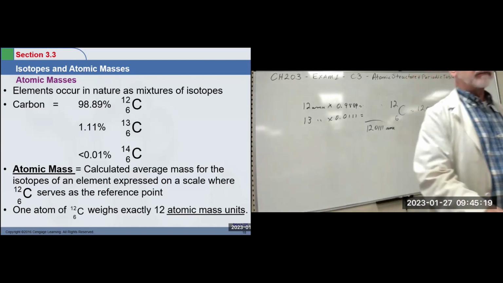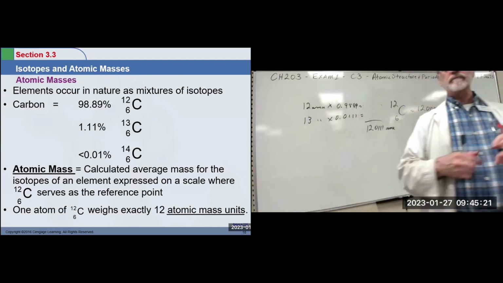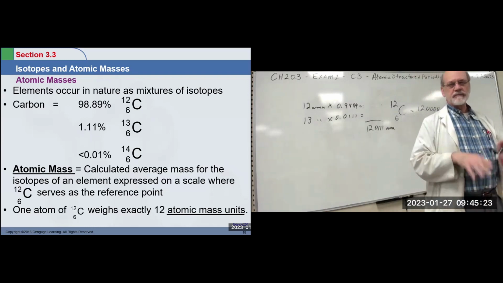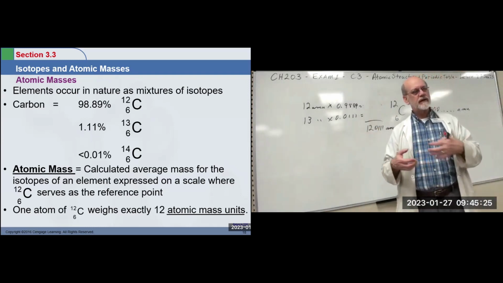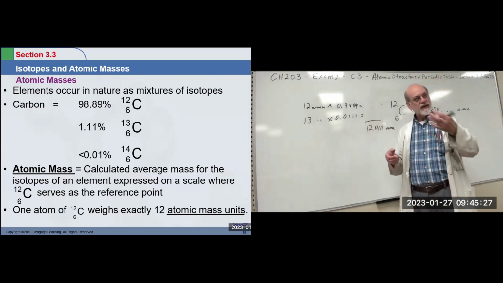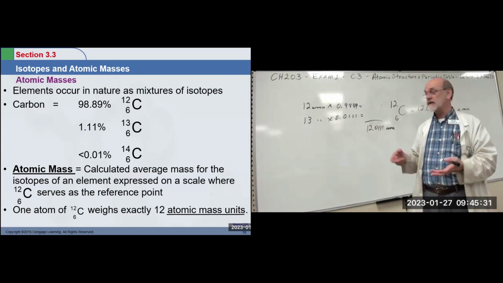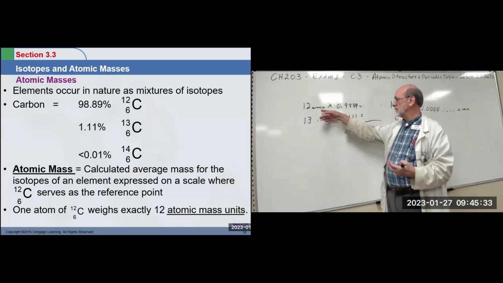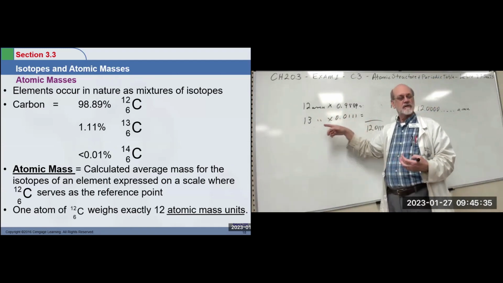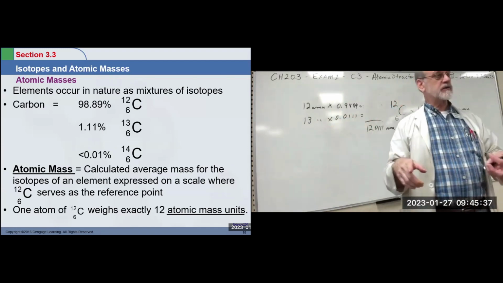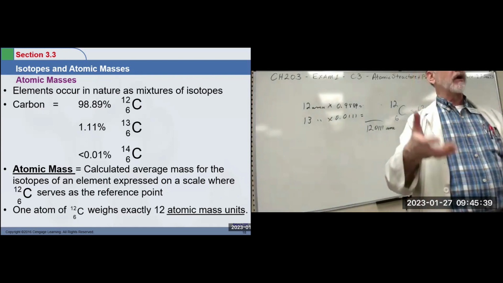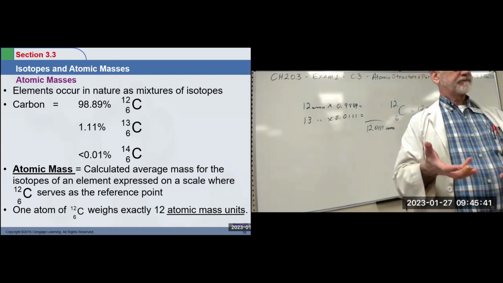Now, why should we care? Well, if we're conducting a chemical reaction and we need to know to complete the analysis and to do any calculations with it, the individual isotope masses don't help us at all because our reaction was conducted with naturally occurring elements.